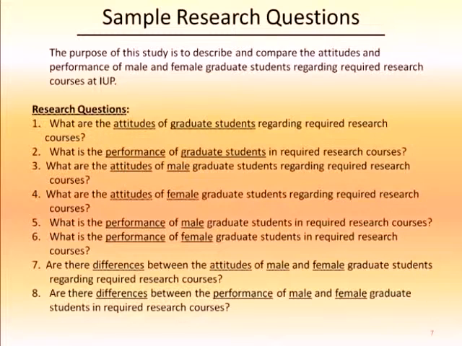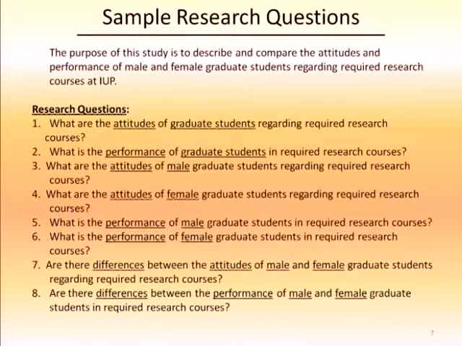Now, questions 3 and 4 ask about the attitudes of males and females separately. In question 3, we're going to look at just attitude data for males, and in question 4, just attitude data for females. Questions 5 and 6 are the same thing with performance data.